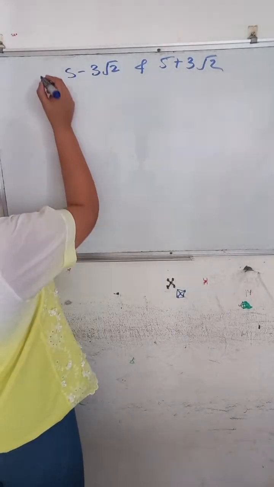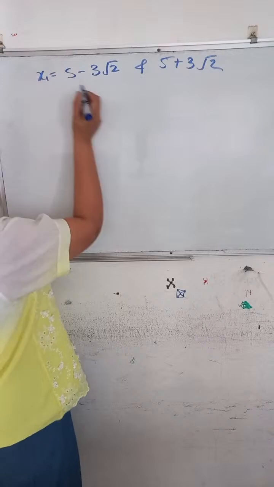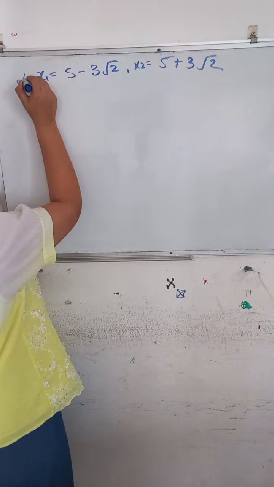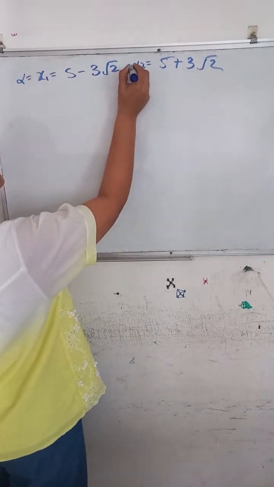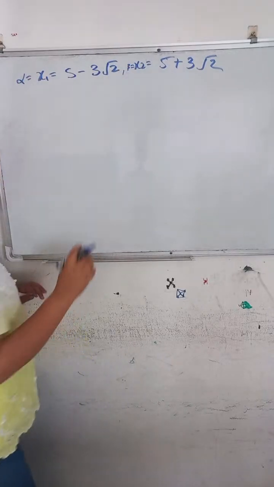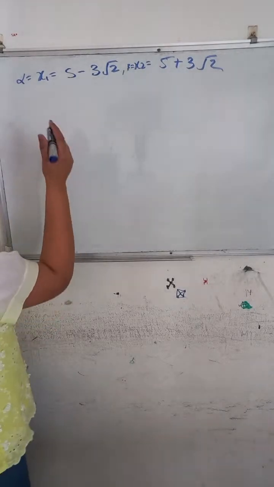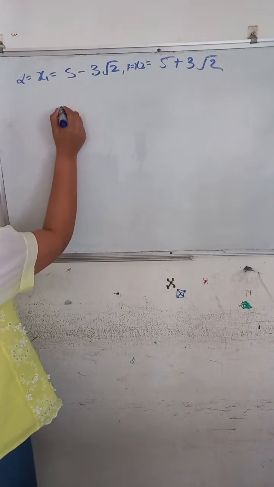That means this is x1, and this is given as x2. Or we can take this as alpha and this as beta. Can you get this? So these are alpha and beta. Then they are asking for the quadratic polynomial. Yesterday we learned how to find the quadratic equation.